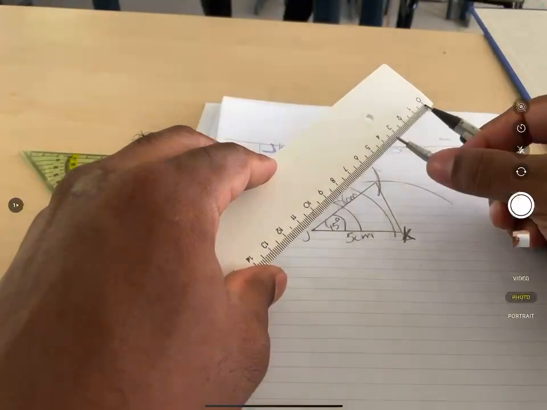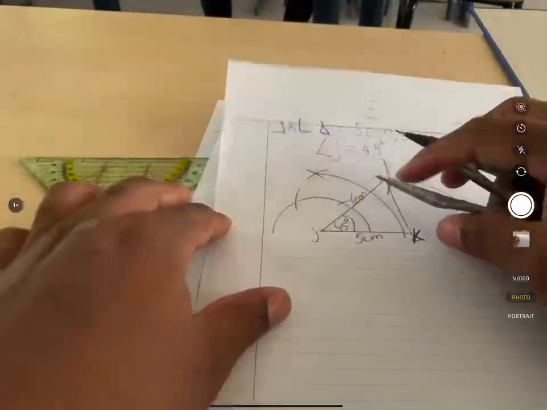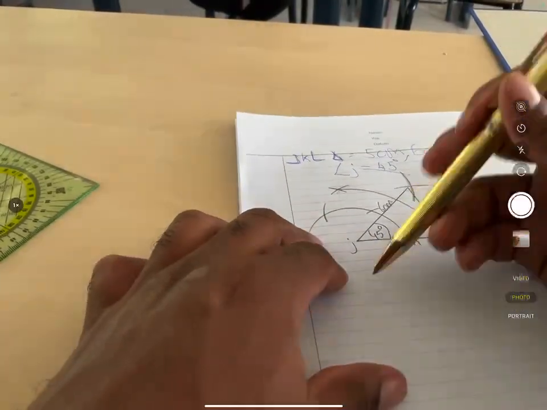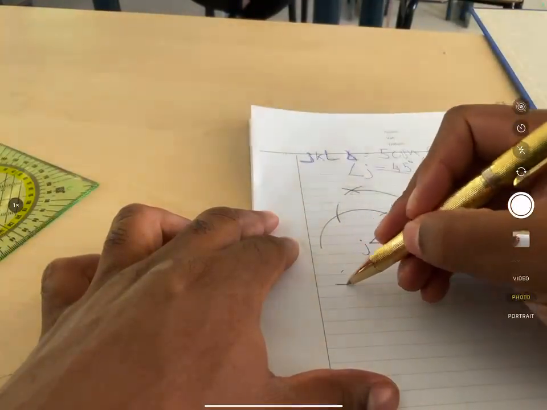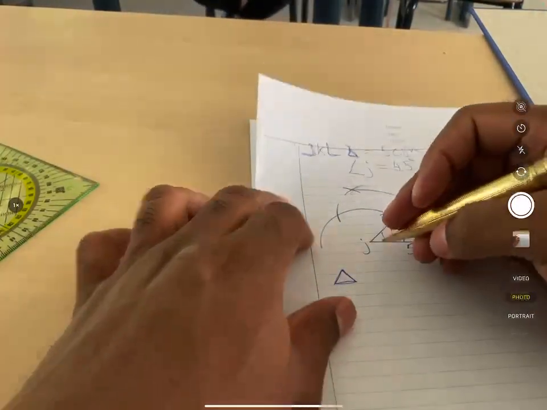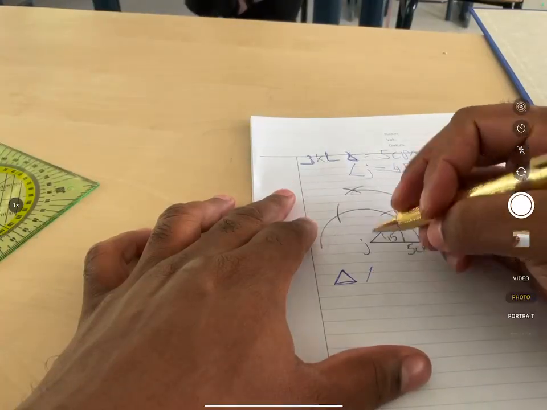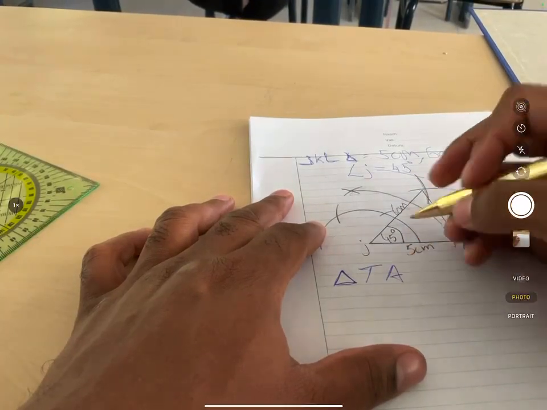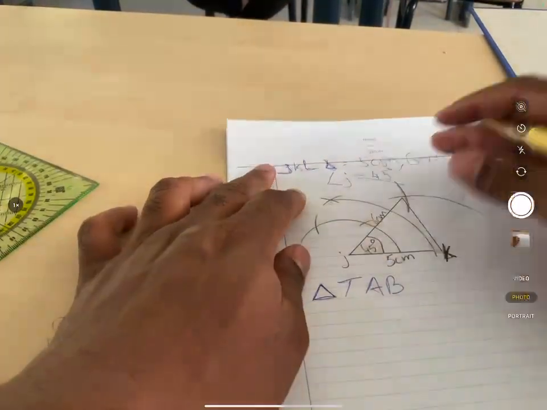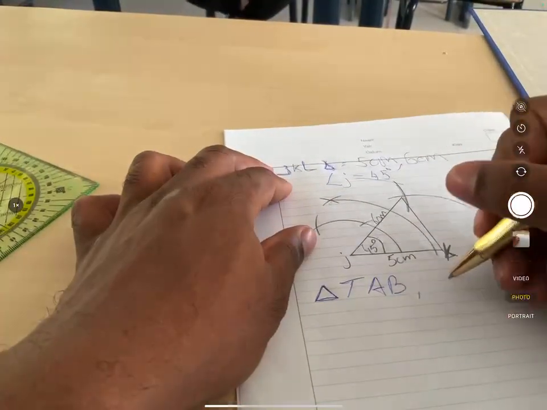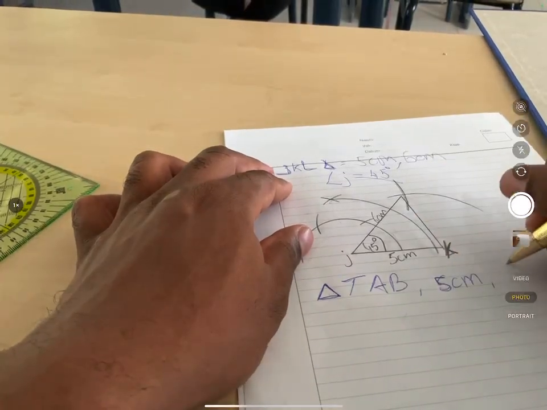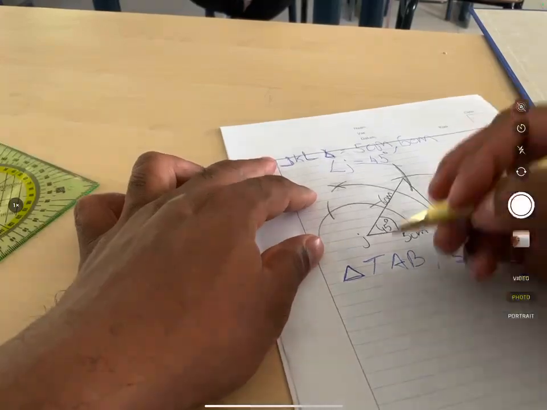I keep it at 3. So I have triangle TAB. Five centimeters, 6 centimeters.